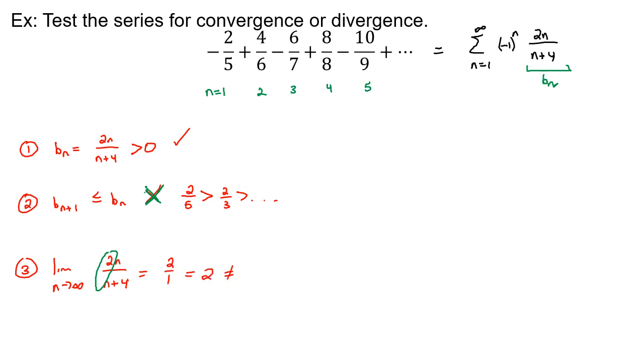But that's not 0. And so here, all my terms are positive, which is good, but my other two stipulations fail. And so this series actually diverges by the alternating series test.